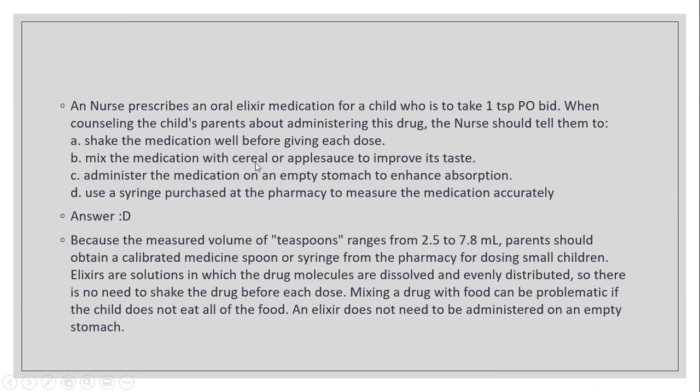B, mix the medication with cereal to improve its taste. Number C, administer the medication on an empty stomach to increase absorption. Number D, use a syringe that you bought at the pharmacy to measure the medication accurately. Answer is D. So you can use a syringe that you purchased at the pharmacy to measure the medication accurately.